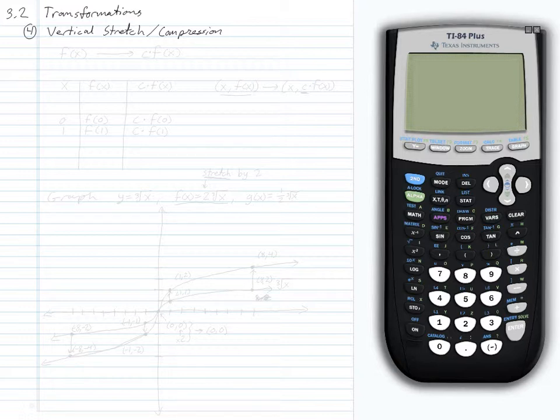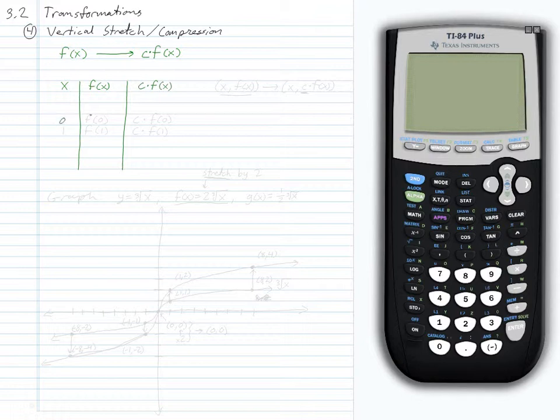Well, if we take the graph of a function f of x and we multiply the function by a constant, what changes? Well, if we plug in some x values and we evaluate them in our function, then we are going to multiply those y values by that constant.